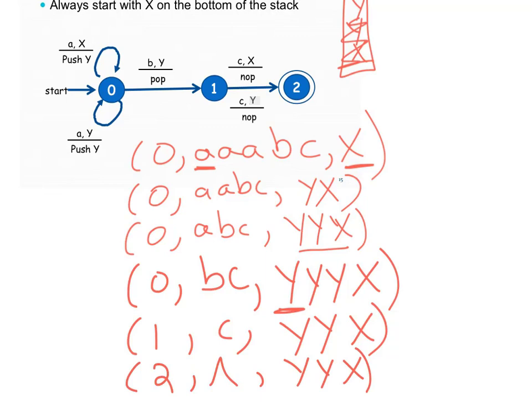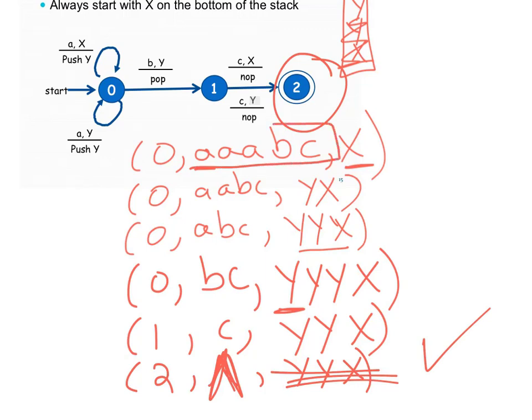And so let's look at what we have here. I'm at state 2, and state 2 is a final state. And I have processed all the letters in my string. So I don't care what's on the stack. I win. This is accepted. So the string AAABC is in the language of this PDA.